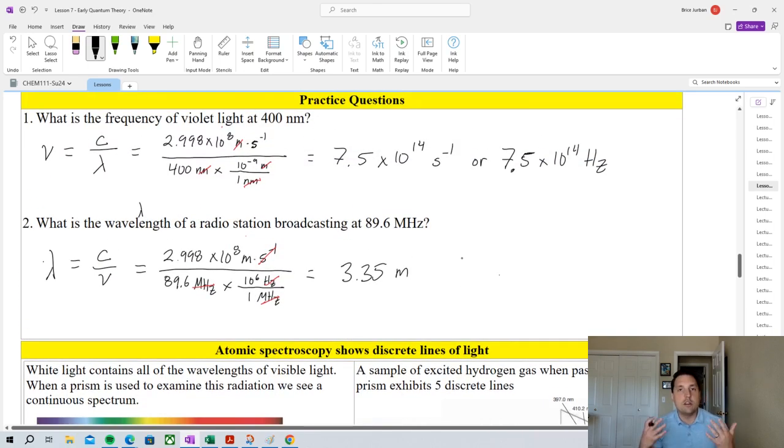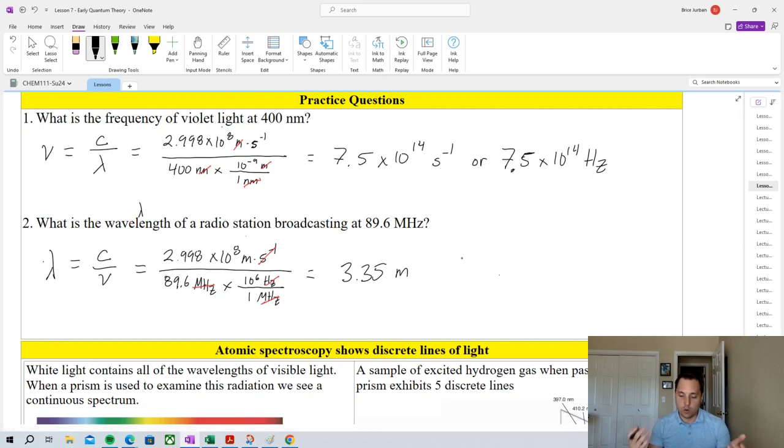All right, so now that we know a little bit about how light behaves as a wave, let's look at the individual waves that are contained in white light compared to when we have an excited atom and we observe what type of light is being emitted by an atom.